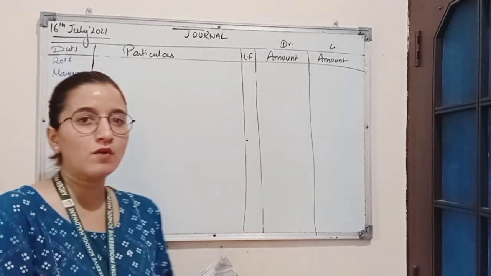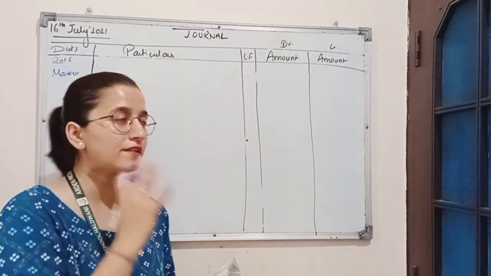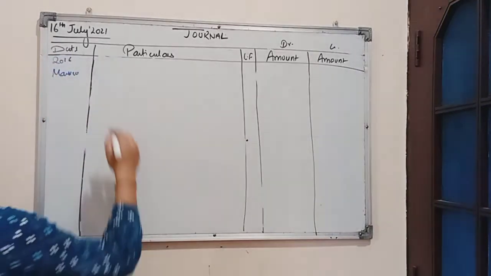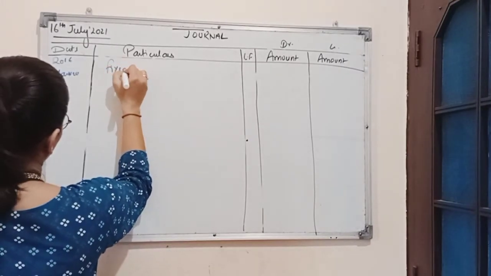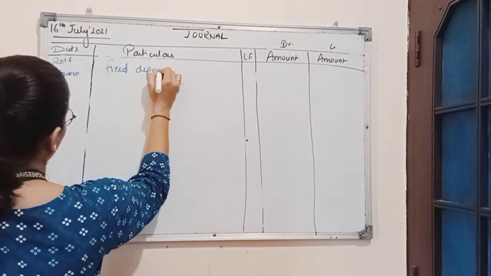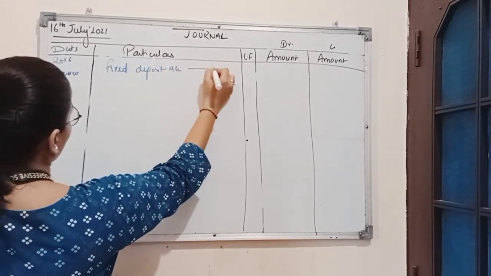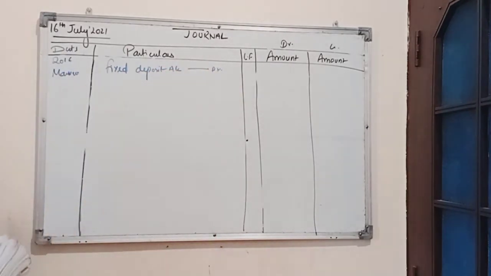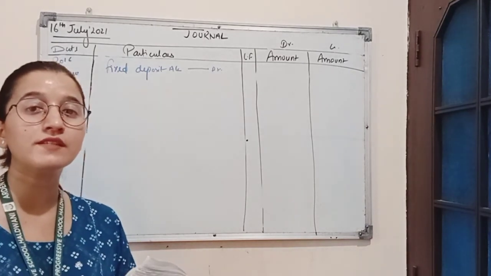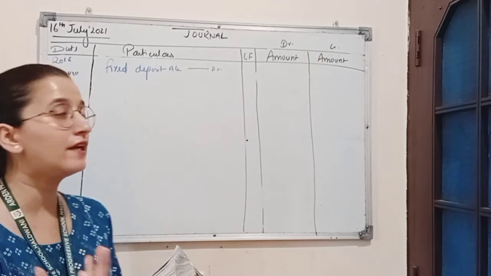So if the amount is transferred to fixed account, that means fixed deposit account will be debited. As cash is coming in the business, we know personal account means debit the receiver, credit the giver.